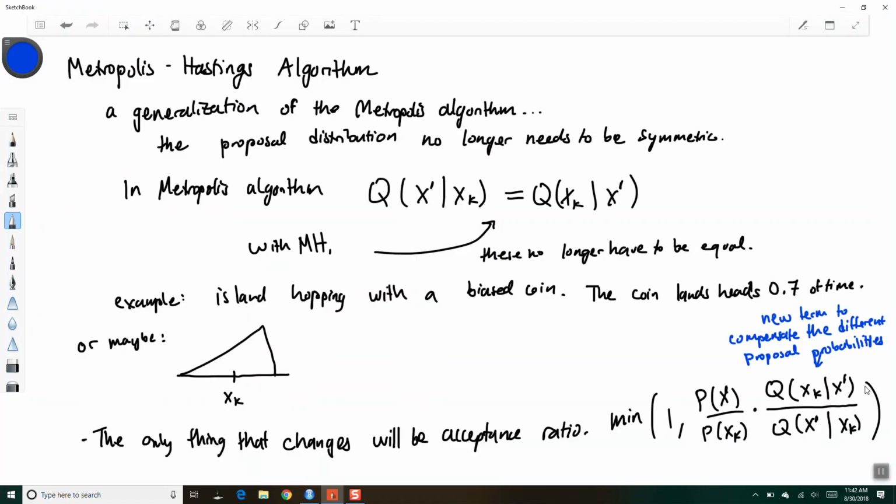So if you're more likely to propose x prime given xk than you are to propose xk if you're at x prime, then that gets factored in here.